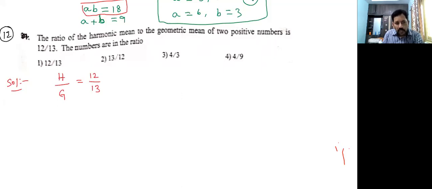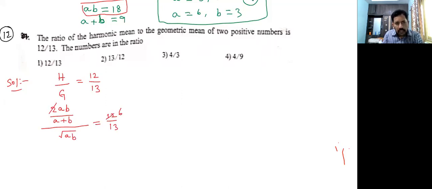Now what is the harmonic mean formula? 2AB divided by A plus B. This is harmonic mean. Whole divided by geometric mean, means root AB, that is equal to 12 by 13. Now 2, 6 are 12.